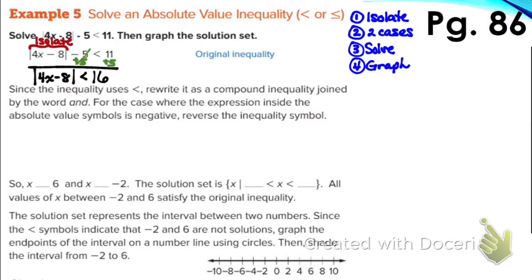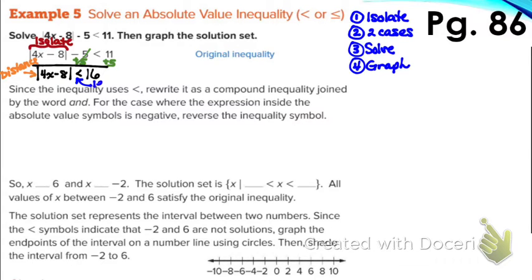Think about this with me. Absolute value means what again? Distance from 0. Absolute value is distance from 0. So this side means distance. Which inequality do we have right here?